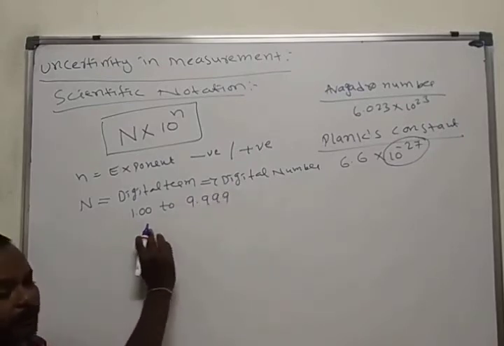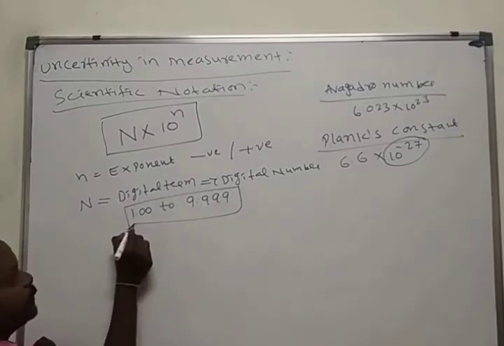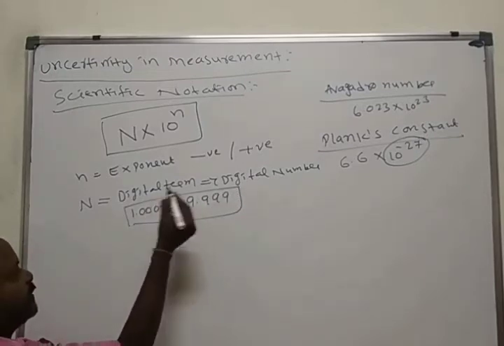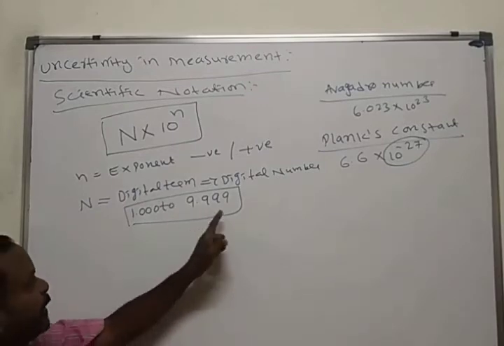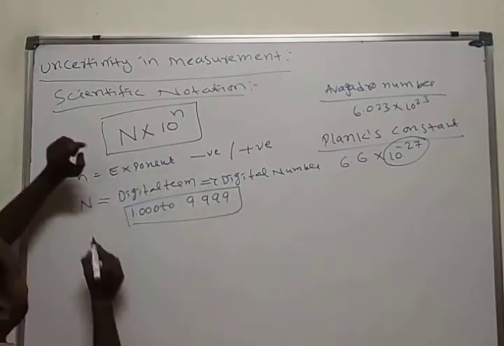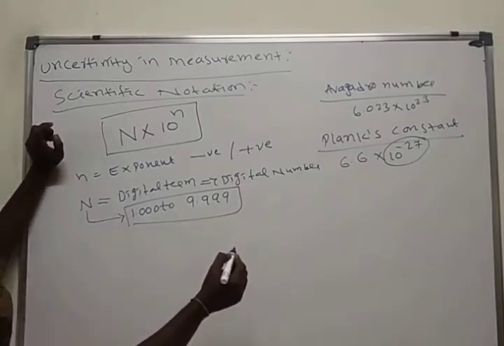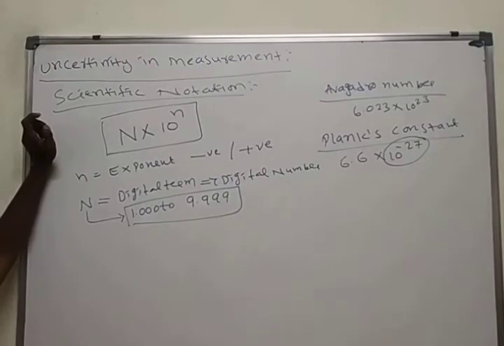This number should be present between 1.000 and 9.999, according to the rules of IUPAC, International Union of Pure and Applied Chemistry.